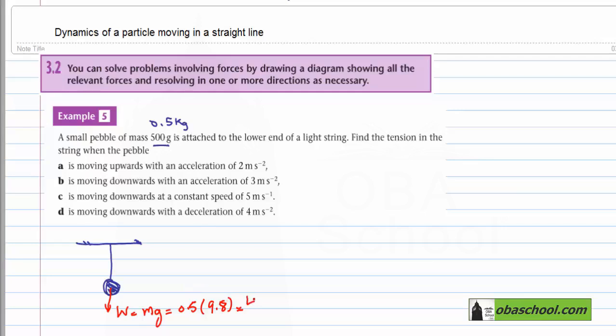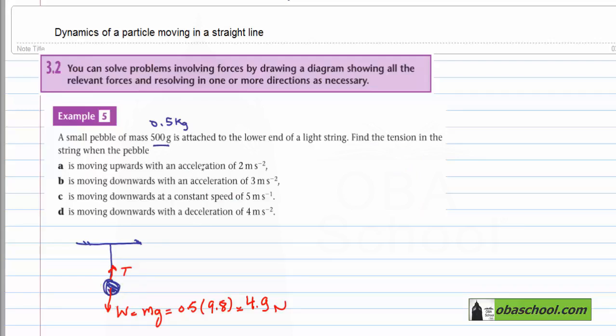That is equal to 4.9 newtons. On the other side, acting upwards along the string, there is the tension force that counteracts the weight and keeps the pebble hanging from the string. So it holds it up, it pulls up, it connects the pebble with the ceiling and keeps it hanging.